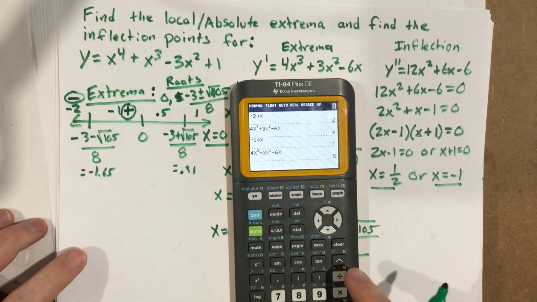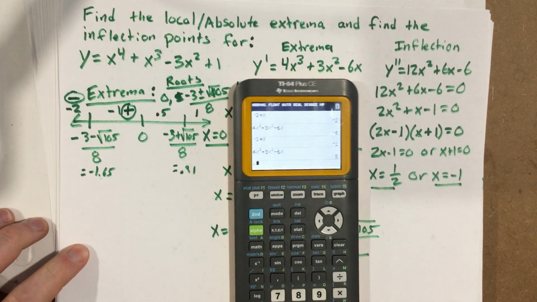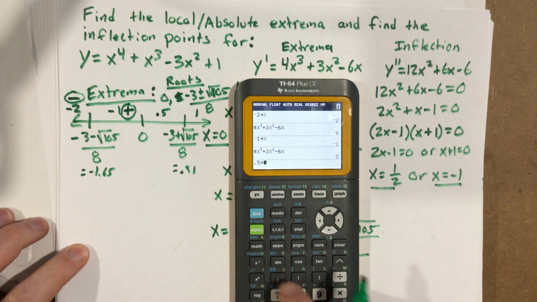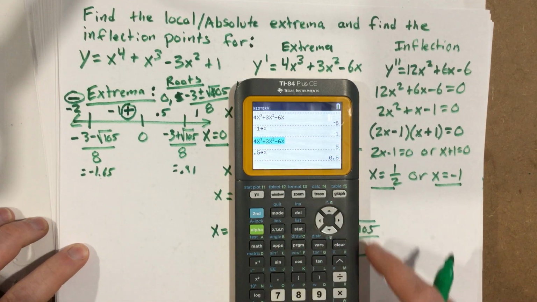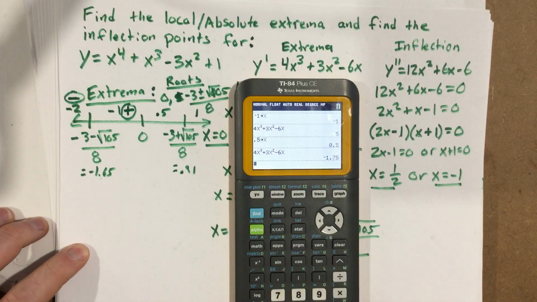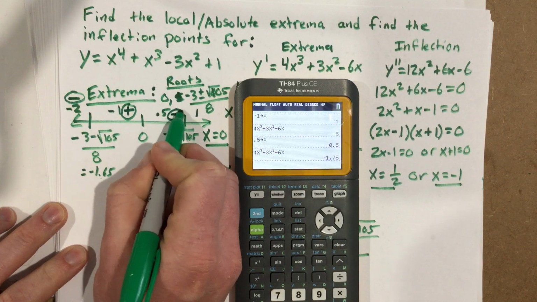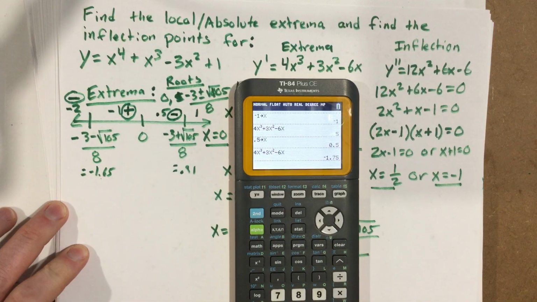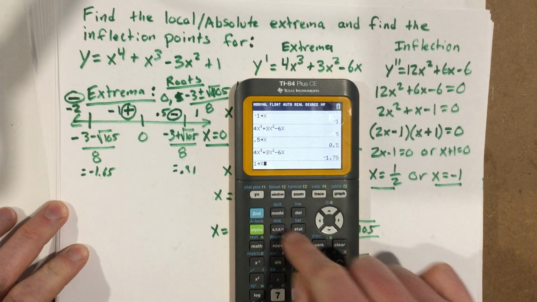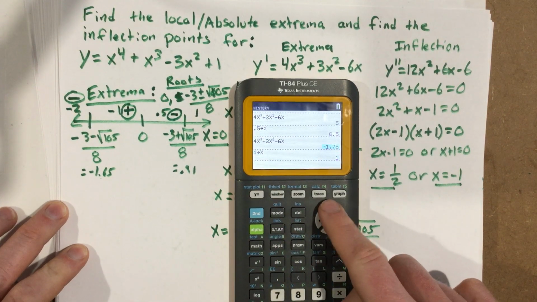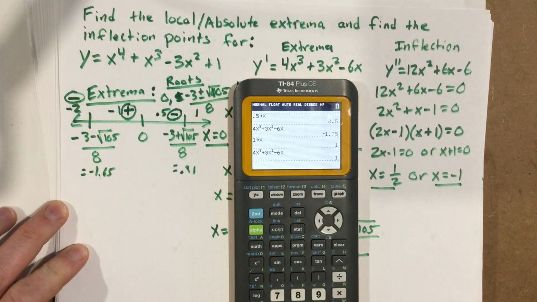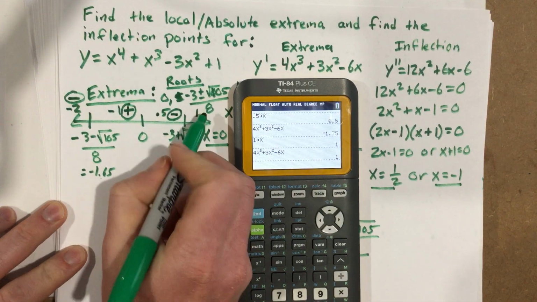And then let's plug in now 0.5. So 0.5 stored as x. That's negative, so that's going to give me a negative right there. And then I can plug in 1 stored as x. Grab that function again, gives me a positive.